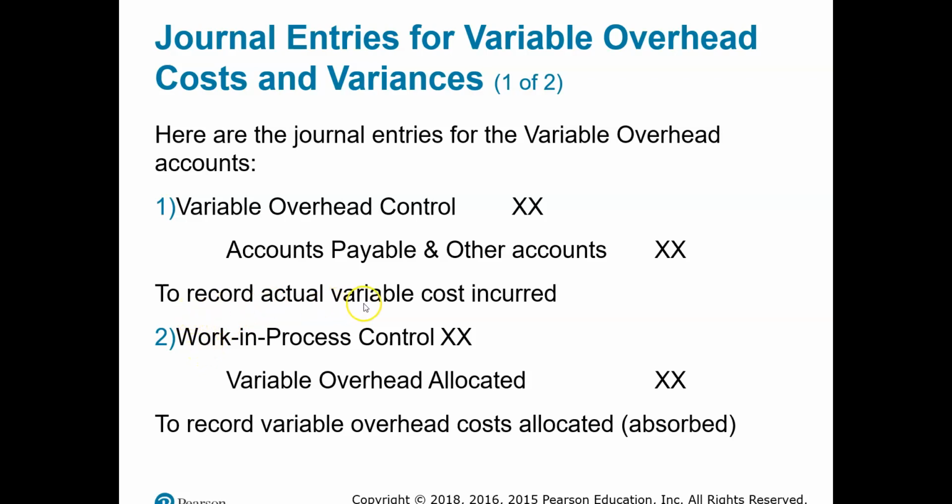Then when we're recording the allocation of cost, we're going to debit work in process and credit variable overhead allocated.